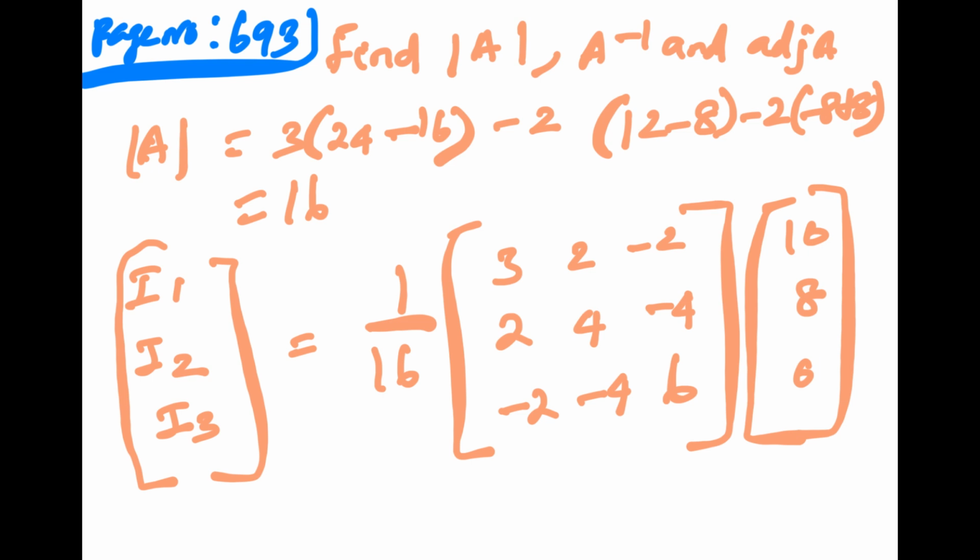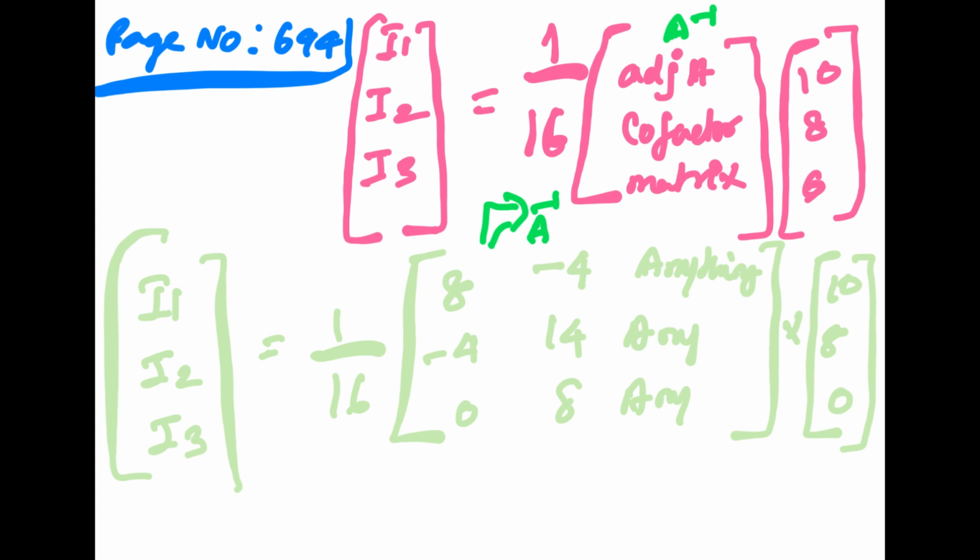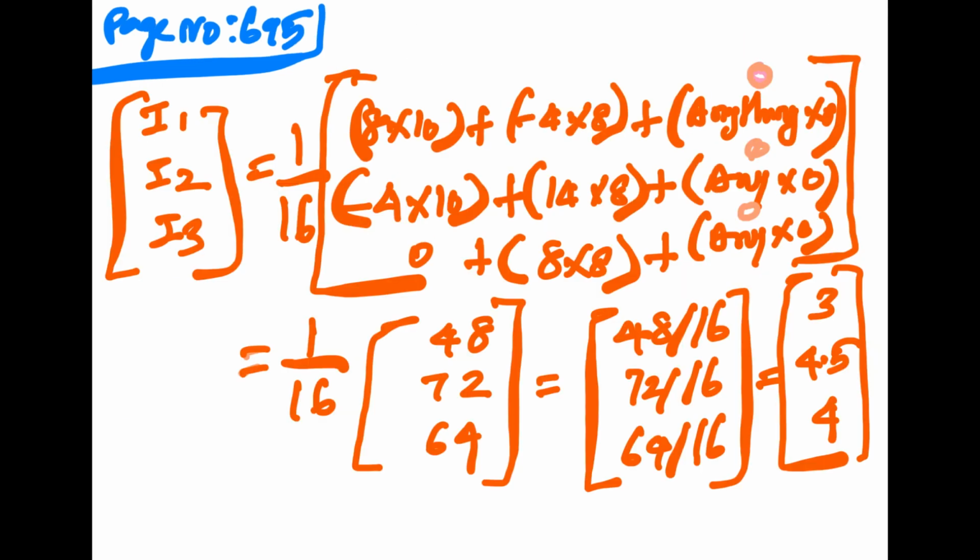The I1, I2, I3 matrix is 1 by 16 into the matrix into the voltage matrix, shown in the notes.